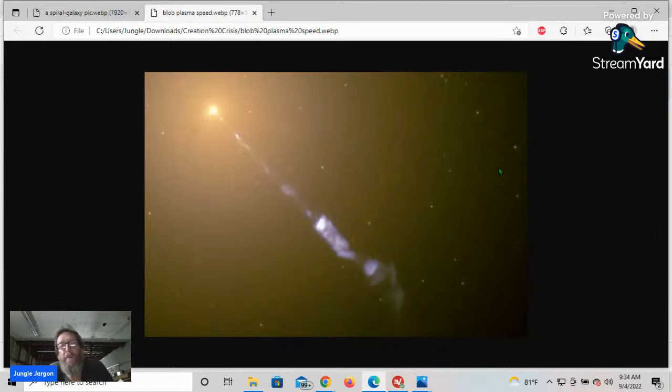So let's say you're looking at this star or galaxy, whatever it is here. You're looking at light from this galaxy here, and you could see the difference. 5 times faster than the speed of light. Just suppose that the beam of light was shooting out of this galaxy, and by the time it comes out here, they're measuring the distance, and they think that light is traveling 5 times the speed of light.